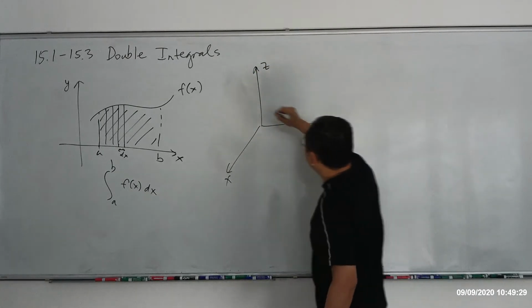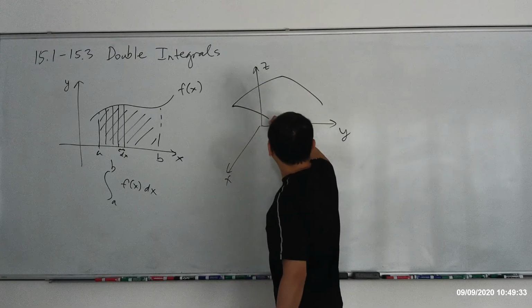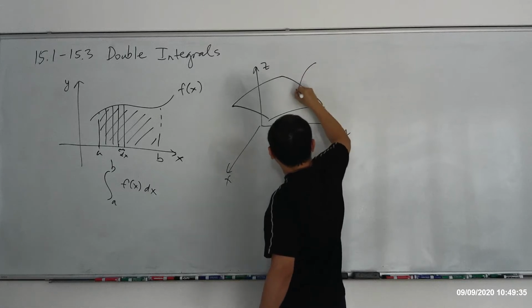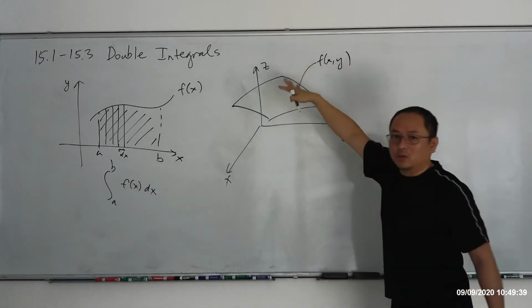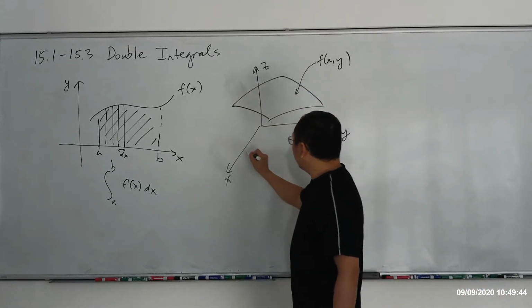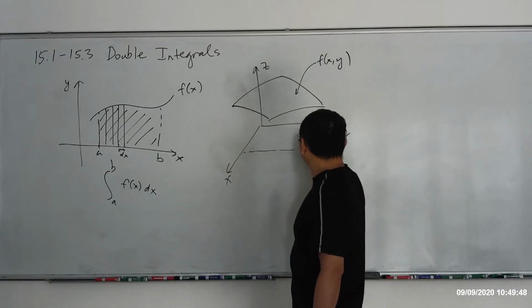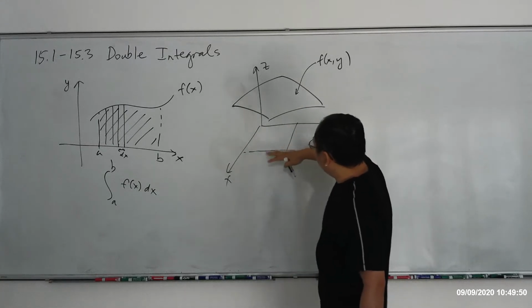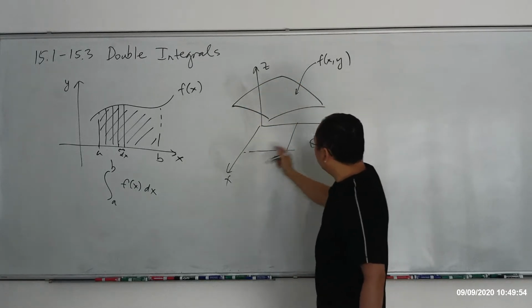And this is my function f(x,y), which is the surface, and assume that it's above the xy-plane. And you want to calculate the volume. Now it's not area anymore, it's volume, bounded above by the function, and below by the xy-plane and the region.